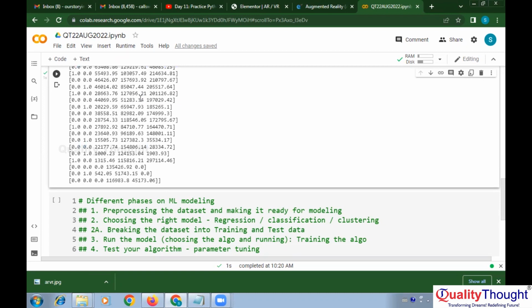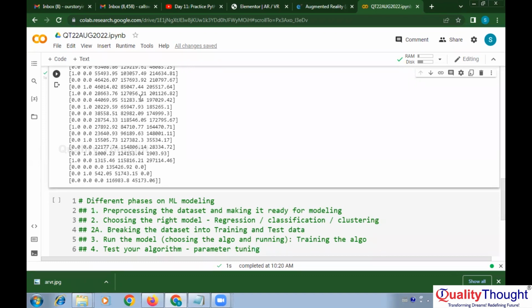Then on the rows that you have hidden on the test side, you don't give Y, you only give X. And you tell the model, now that you have been trained, you have learned, now predict for these many rows. So the model will predict the Y. You take the predicted Y and compare it with the actual Y and see how much is the difference between them. That is the accuracy.